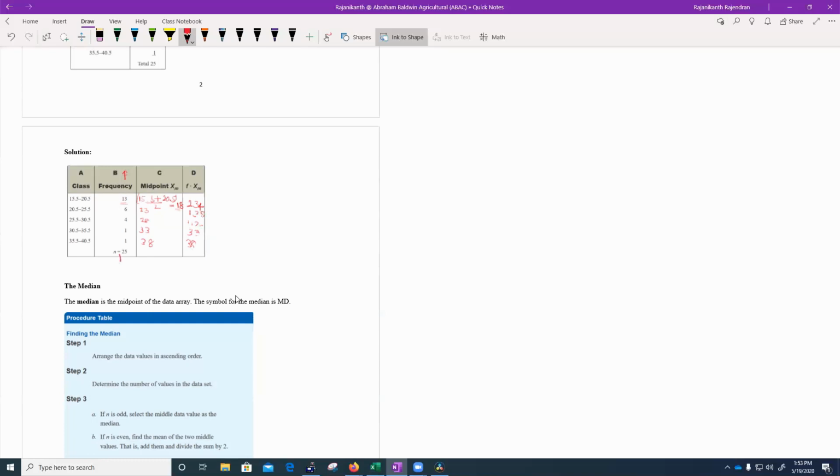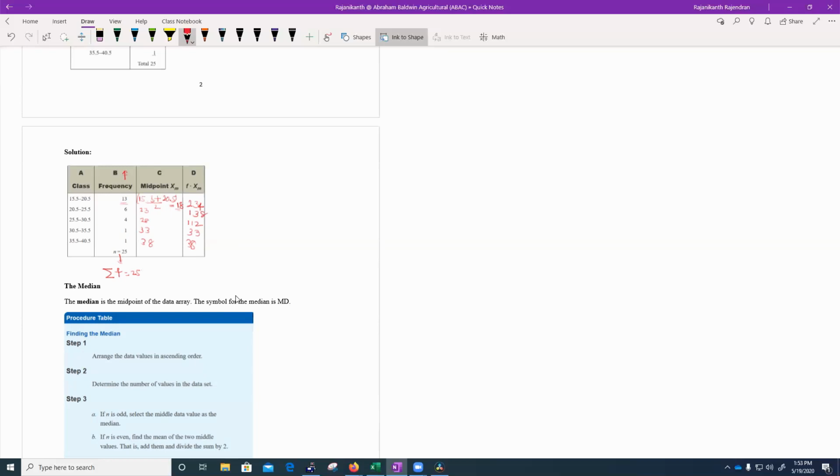Using the notation summation f, if you add all the frequencies, that is 25. That means the total number of data values is 25, right? What's the meaning of this 13? There are 13 data values which fall between 15.5 and 20.5, and so on.